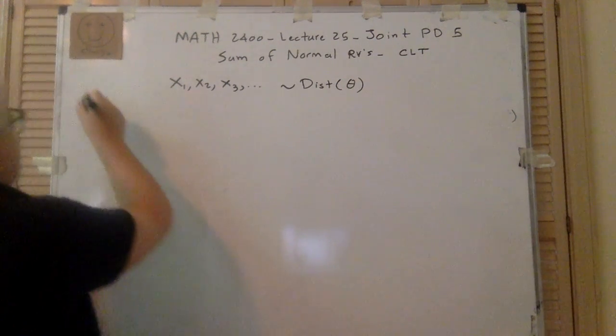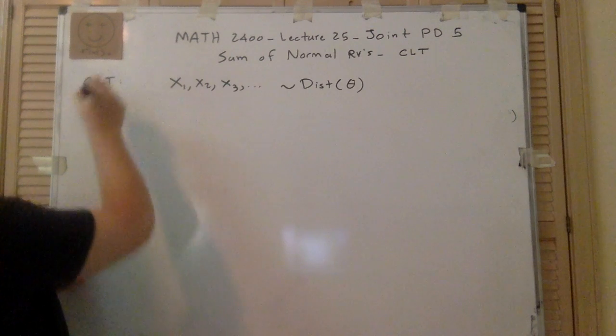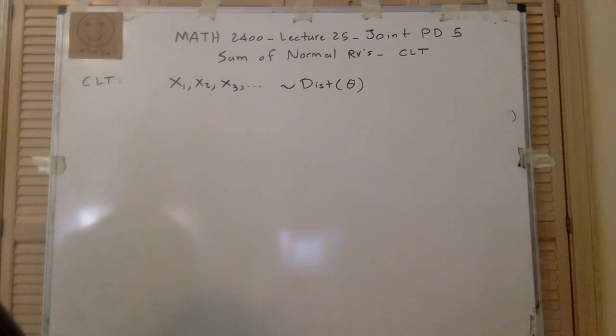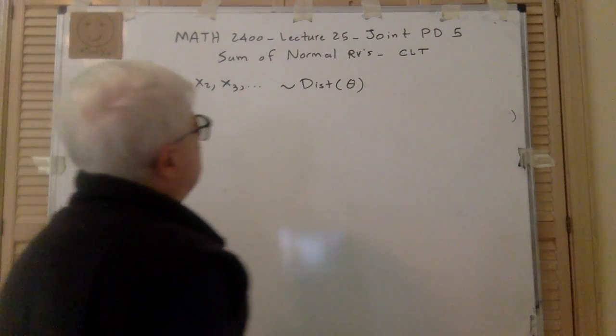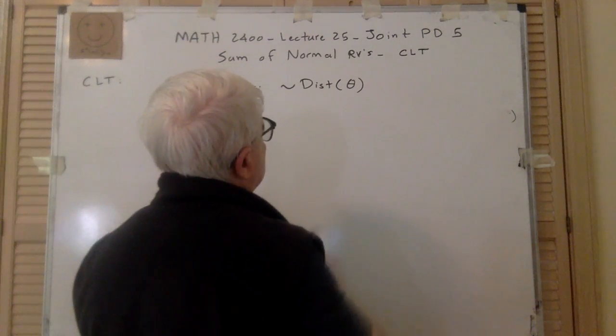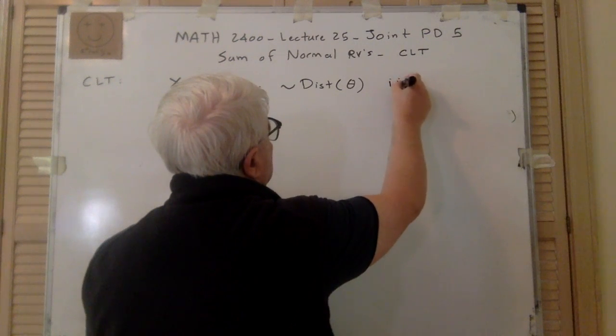So the CLT, the premise is this. We have a sequence of random variables, x1, x2, x3, and so on. They have the same distribution, and let's assume that they are also IID.